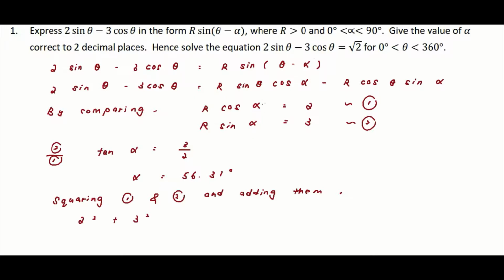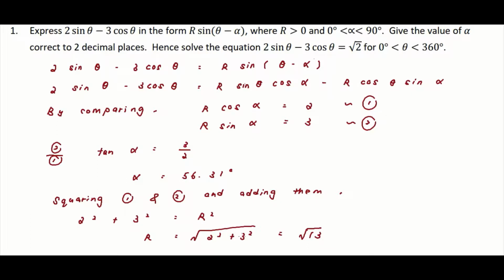Since you already know that you get cos square alpha and sine square alpha, and this is not a proving question, you can straight away equate it to r square. So to get your r, you just do 2 square plus 3 square, which gives you square root 13. Yeah, correct.